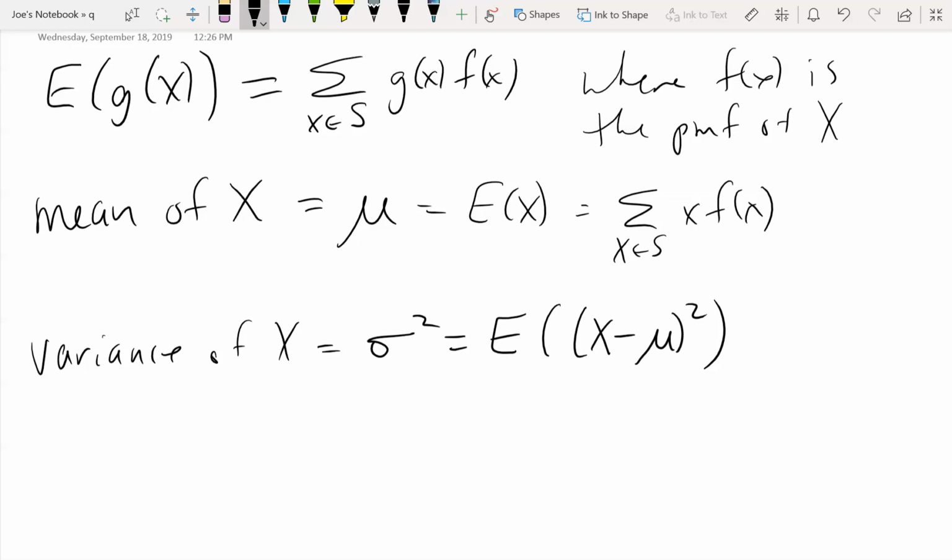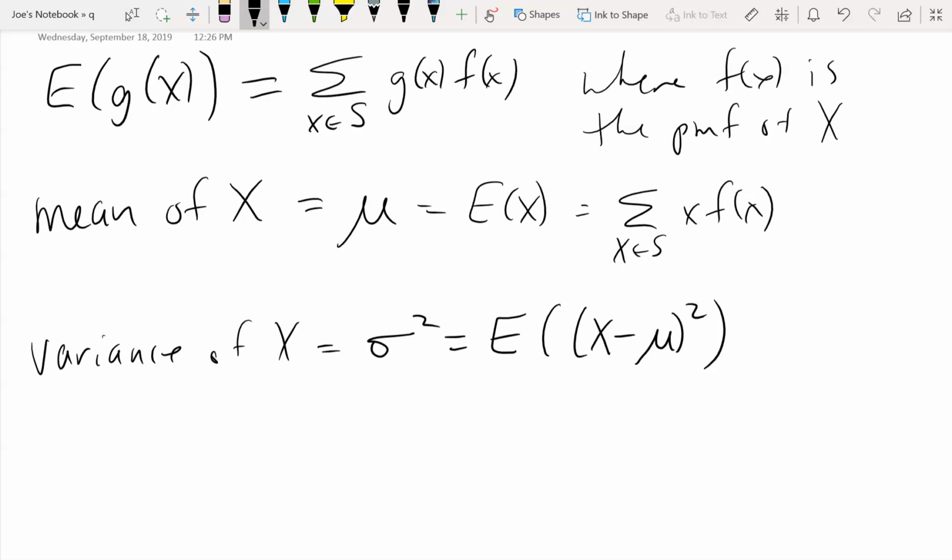This is the definition of variance, by the way. What the variance is trying to measure is how far, on average, each individual point in your sample space is away from the mean.